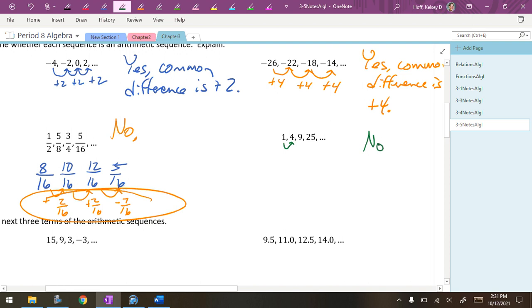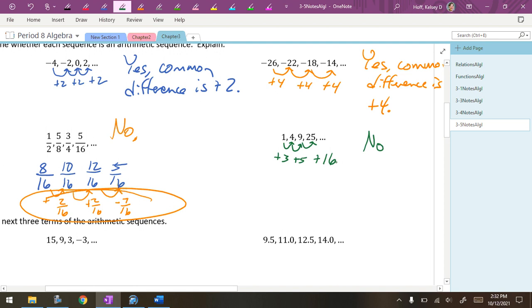No. 1 to 4 would be +3. 4 to 9 is +5. 9 to 25 is +16. Okay? Not arithmetic. Not adding or subtracting the same amount. Question? Okay? It's not necessarily that there's no pattern. There is a pattern to this. Does anybody know the next number in this?